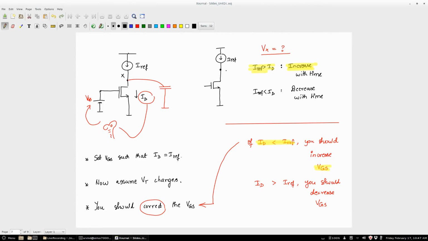So you can actually think of a system like this. I have my IF here.